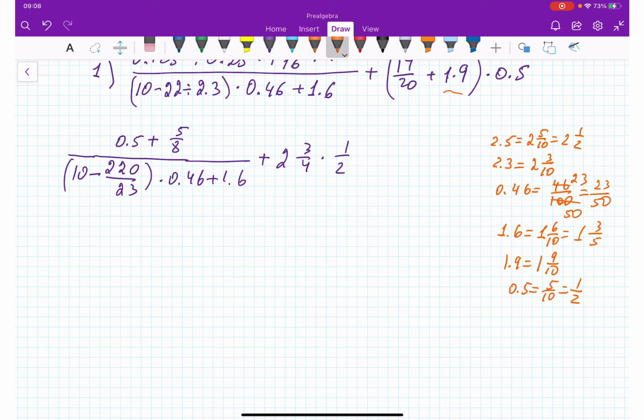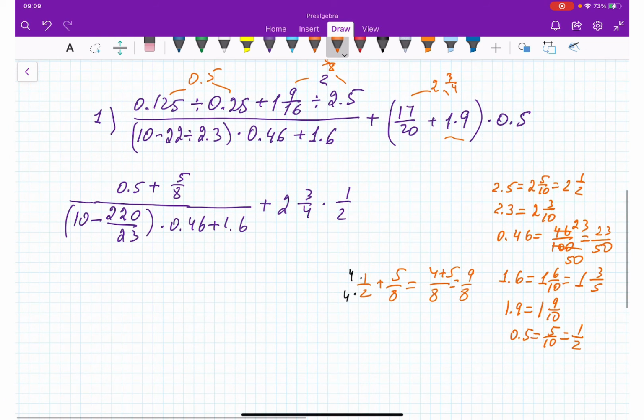So it's going to be 1/2 plus 5 over 8. Denominator is 8, so times 4, times 4. And we are getting 4 over 8 plus 5, we are getting 9 over 8. I don't want to convert into a mixed fraction because we need to divide, right, by denominator. So I'm just keeping it like that, 9 over 8.